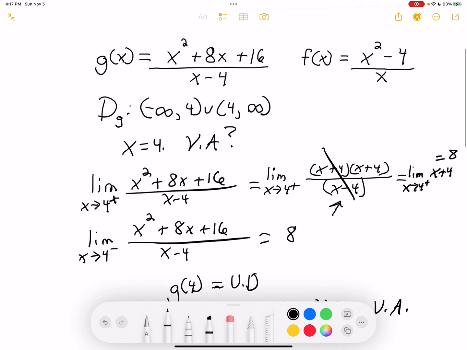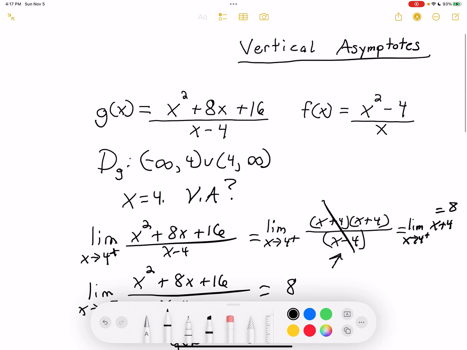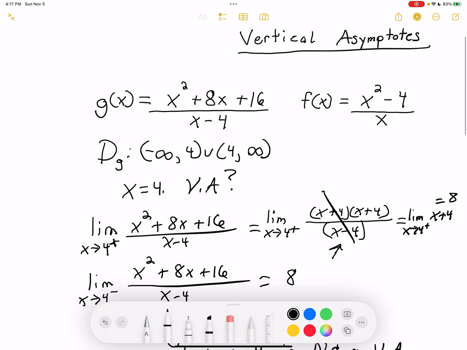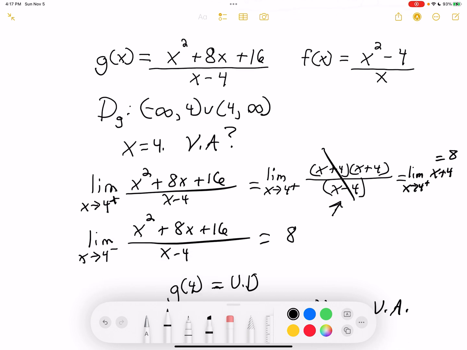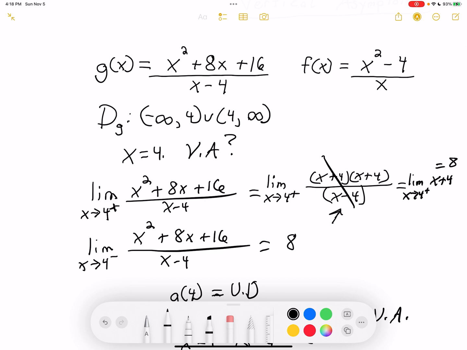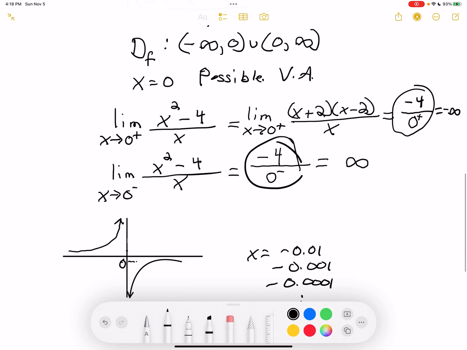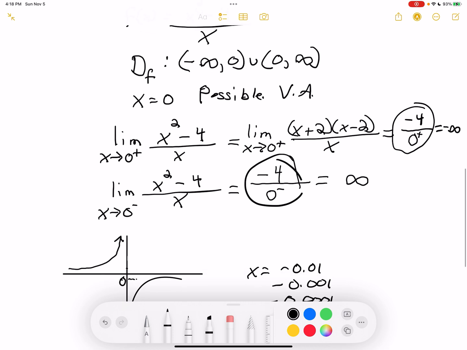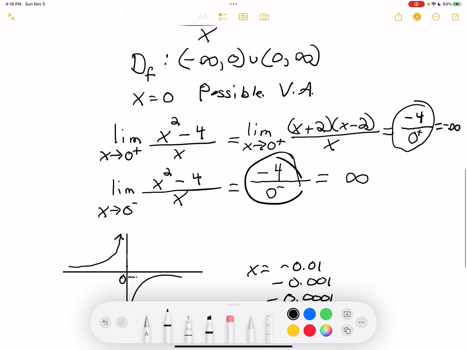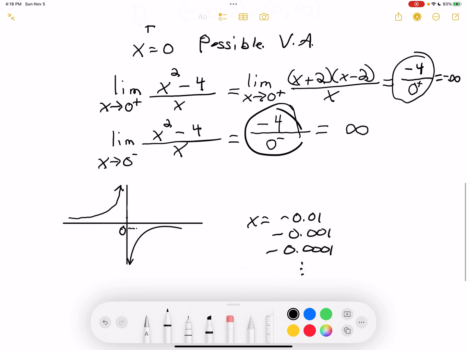And notice, g of x also had a point, x equals 4, where it was undefined. But the limits were not positive and negative infinity. In fact, that 4 canceled out the denominator. That's why it's a hole, as opposed to f, which did not cancel. And the limits, as we approach that number not in the domain, 0, give us infinity or negative infinity. In this case, negative infinity from the right, positive infinity from the left.